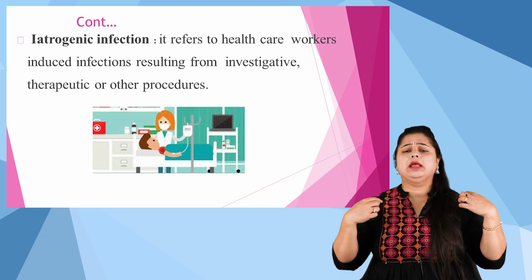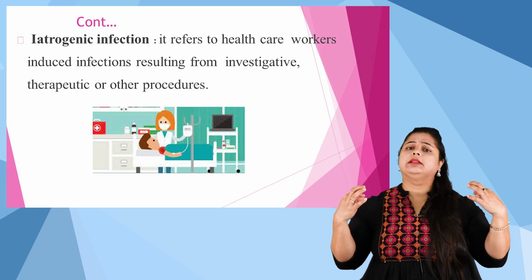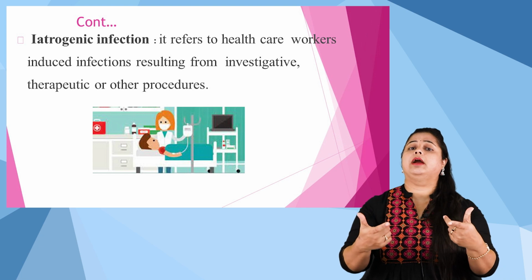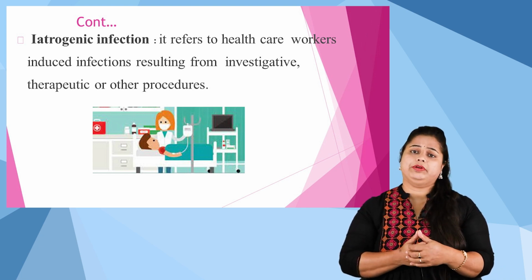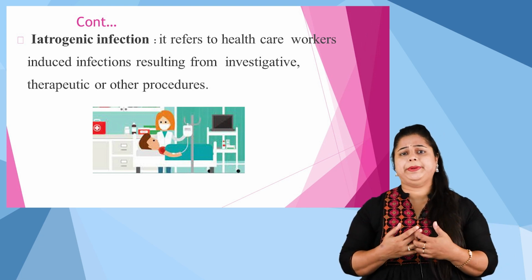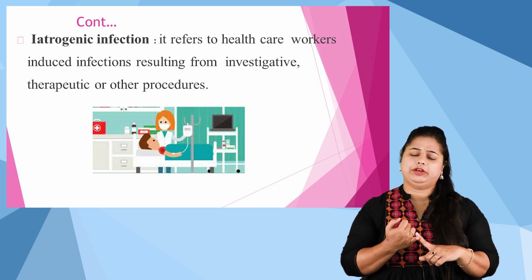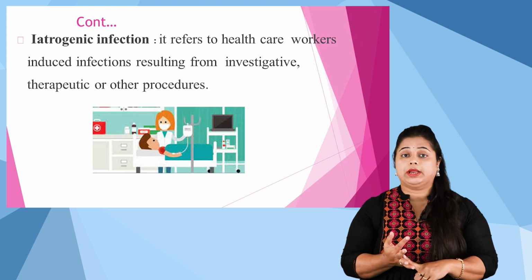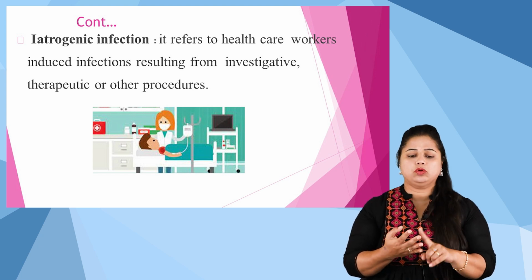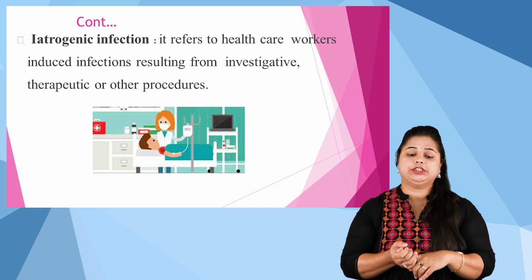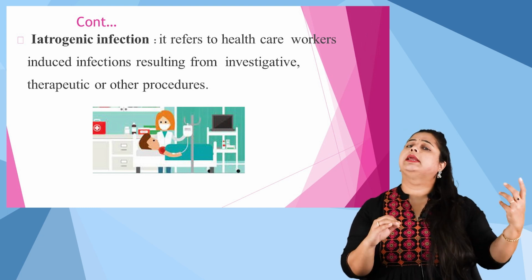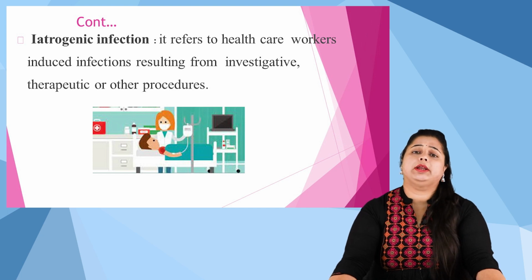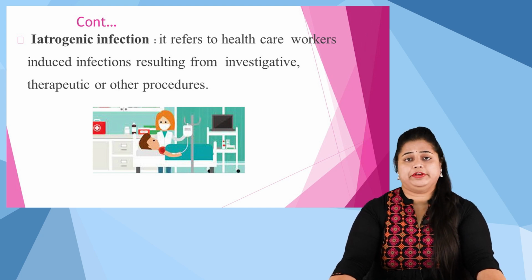Maybe a simple thing, like the gown they are wearing: when they come into contact with one more person or two more patients, there is a chance of spreading infection, as well as the articles used for therapeutic use, your endoscopes, or any other investigation or procedures, which can cause infection to that person. This is called iatrogenic infection.